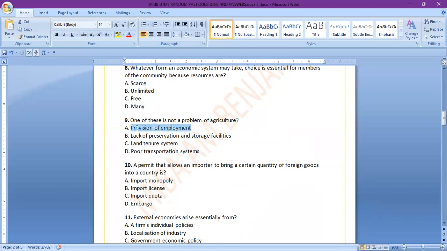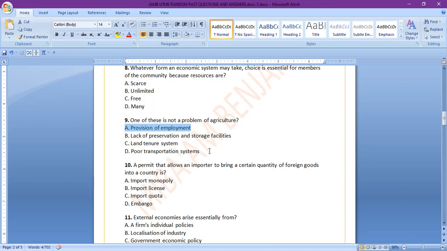If you look at it, all the other three, that's B, C, and D, are part of the problem of agriculture. Lack of preservation and storage facility, especially in the production of perishable goods. Land tenure system, the kind of tenure system that we have, especially in developing countries, this segmentation of land into individual family members' ownership, and then it discourages the mechanization of agriculture.